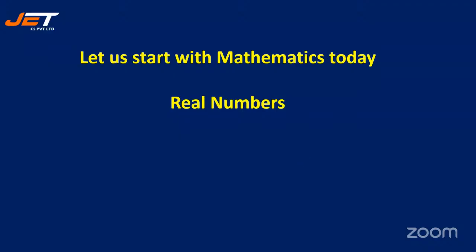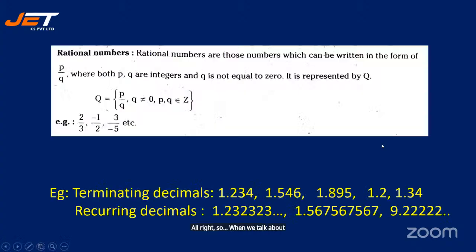Right. So let's start with the real numbers. Yet another very interesting topic. Yesterday you would have tried coordinate geometry, and repeated the sums that we did in the class. So today we are going to do real numbers. What are real numbers?